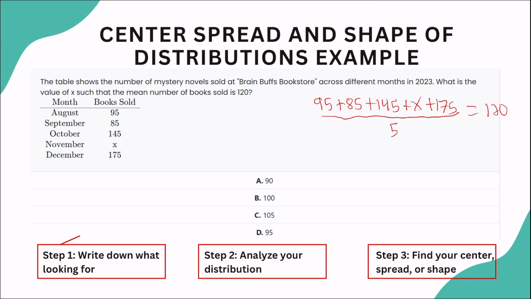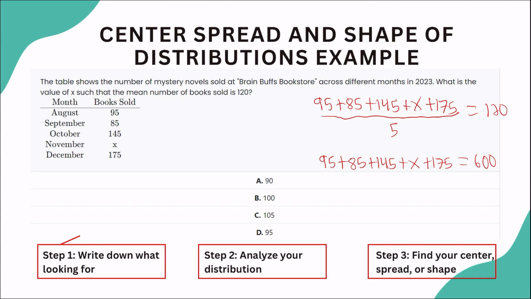Okay, so I rewrote our equation here, and I'm going to multiply both sides by 5. So this gives me 95 plus 85 plus 145 plus X plus 175 equals 600.